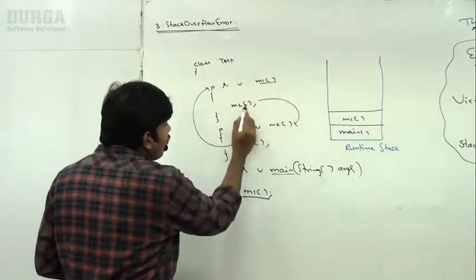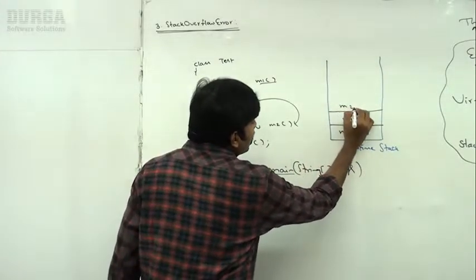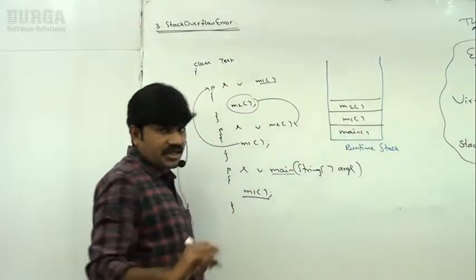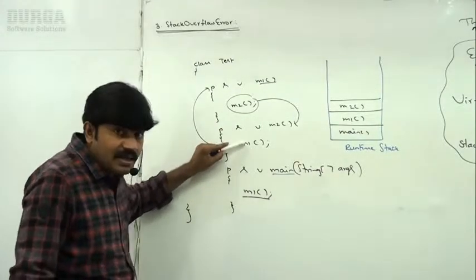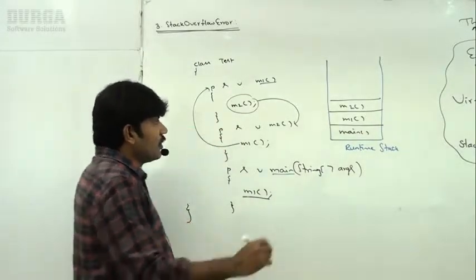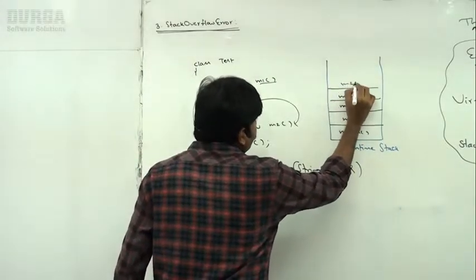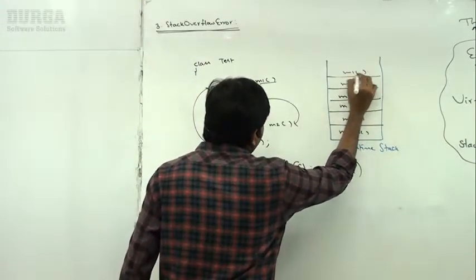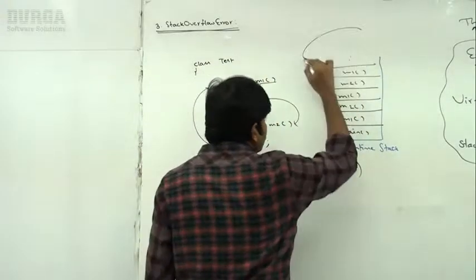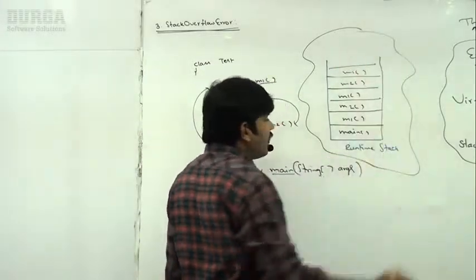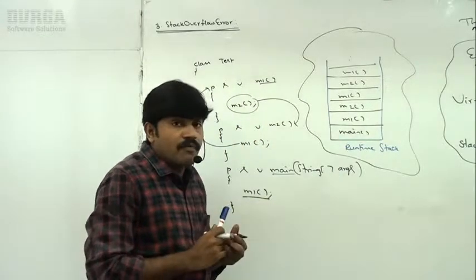Now m1 internally calls m2, and for every method call one entry will be stored in the stack. Again m2 calls m1, m1 calls m2, m2 calls m1, and so on. At a certain point, this stack is going to overflow. Then immediately we are going to get StackOverflowError.